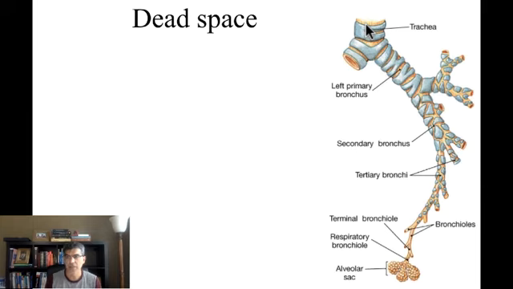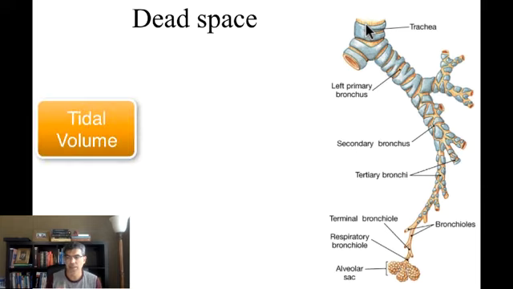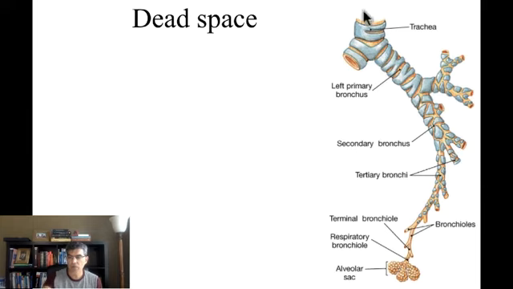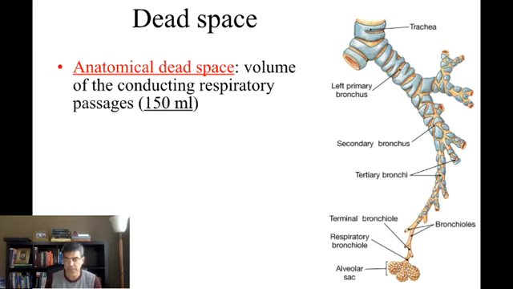Every time you breathe in, we call it tidal volume, and that's around 500 ml. When you bring 500 ml of air inside your respiratory system, this air is going to fill this space also. Out of the 500 ml that you breathe, 150 is going to stay inside the conducting zone and doesn't do anything. 350 is going to get inside the alveolus and now we can exchange. So this 150 really is a dead space.